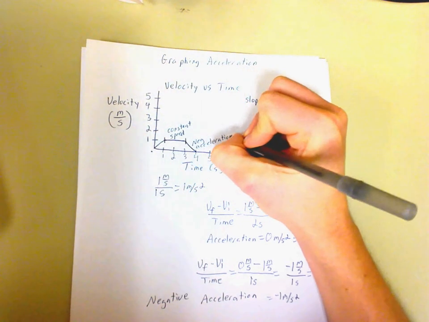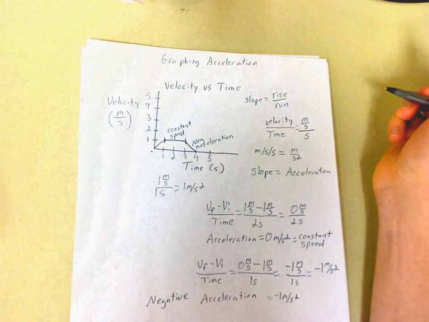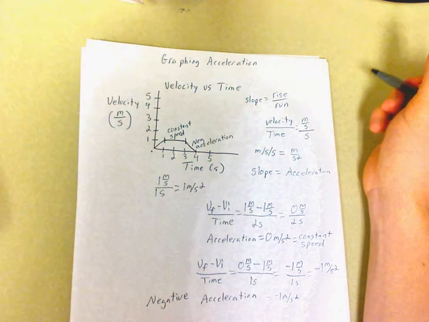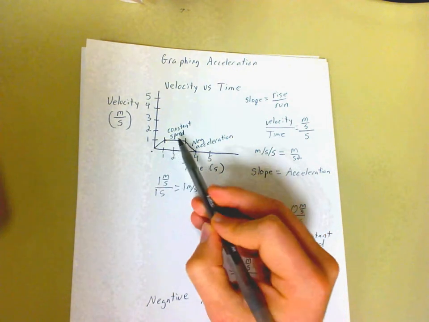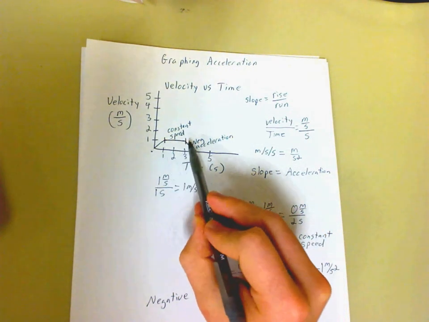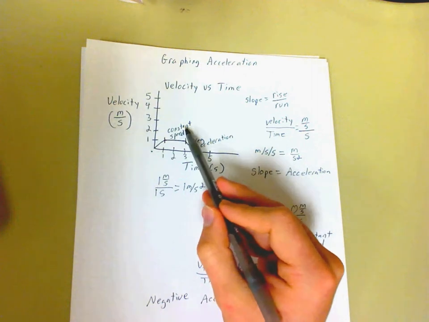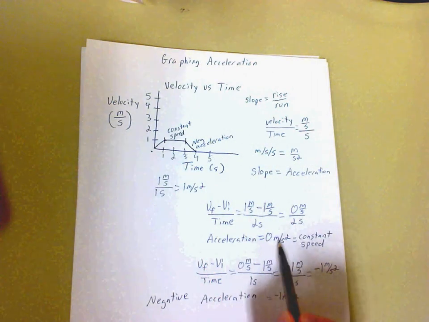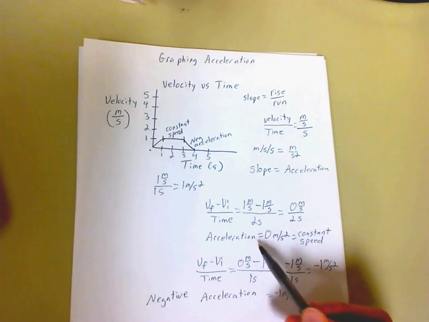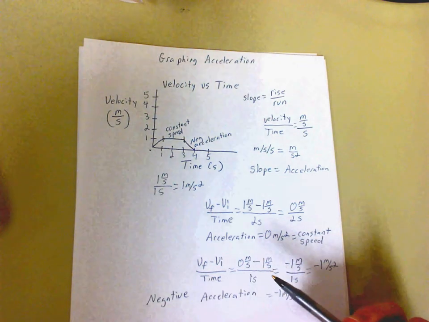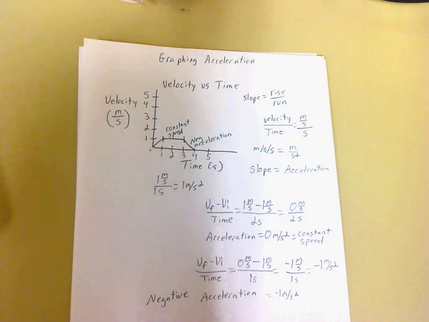Alright, so that's all there is to graphing acceleration. You have a positive acceleration if it's going up. If you're going straight across on a horizontal line, that is a constant speed, which with constant speed you have 0 meters per second squared as your acceleration, because you're not changing anything, you're not changing direction, you're not changing the speed.